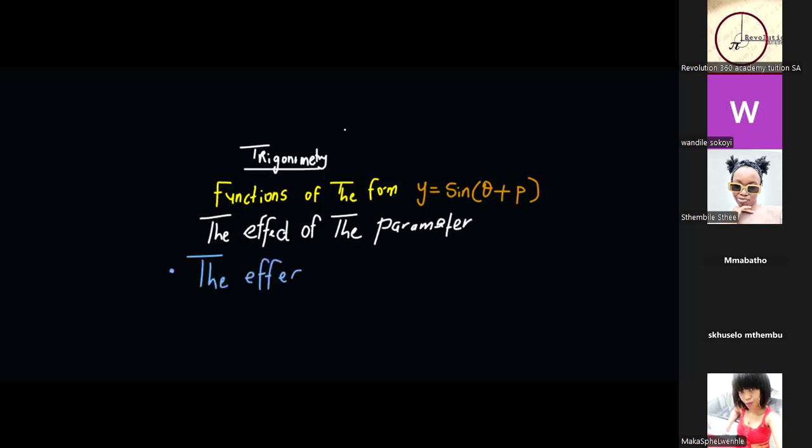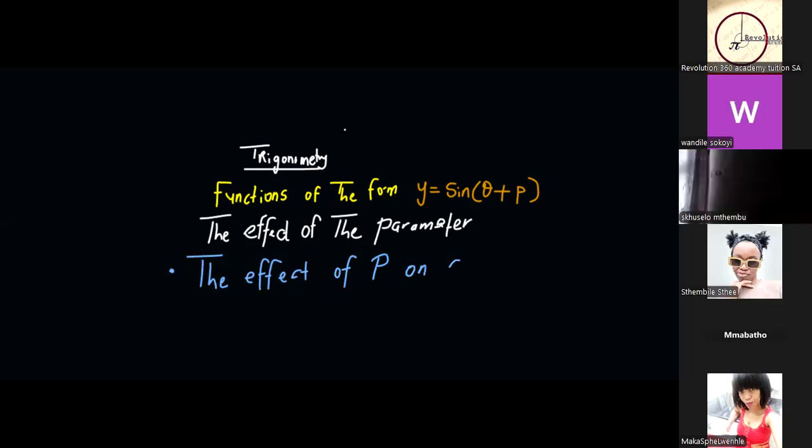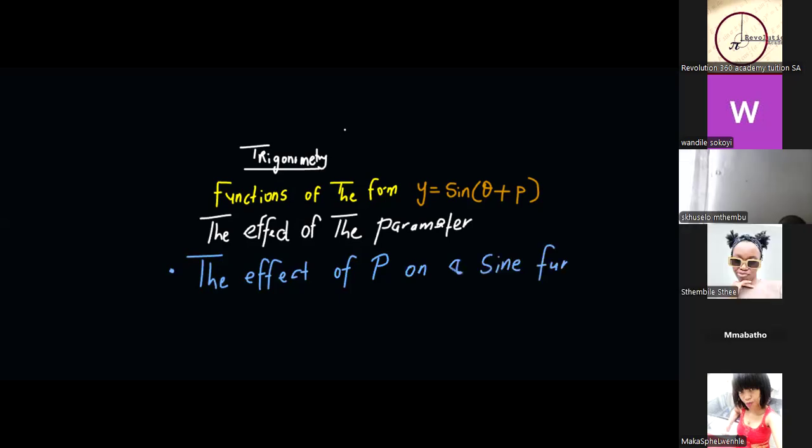The effect of P on a sine function is a horizontal shift.